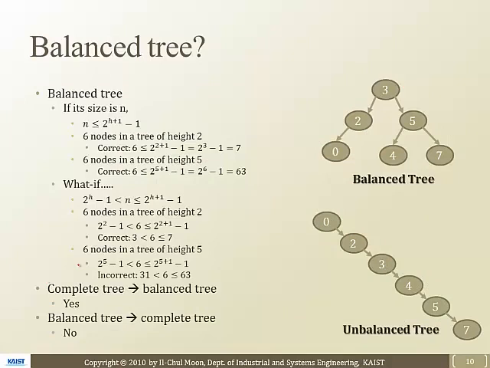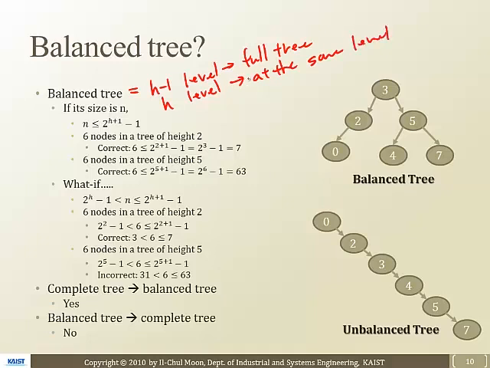Let's talk more about this balanced tree to make sure that we can achieve a certain performance. So a balanced tree is this one. At the h-1 level, we have a full tree, and at the h level we have leaves at the same level.